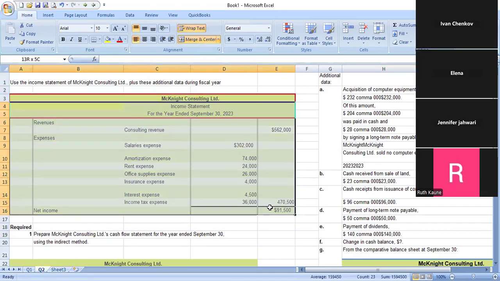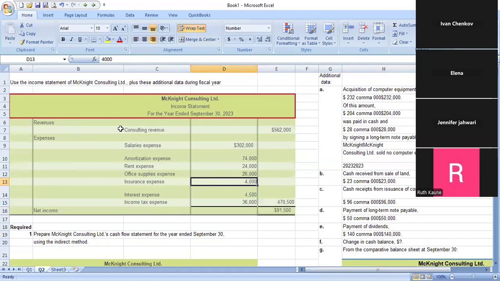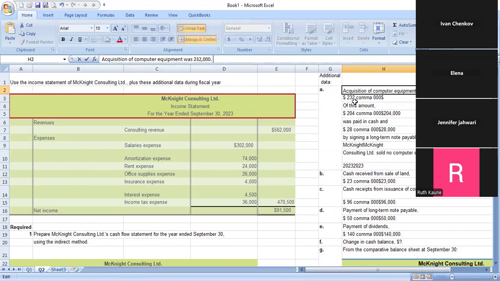Information is going to be given on different screens. Get the income statement, see what's on the income statement. Then check the additional information. As you can see, we have a lot of additional information here. I haven't been able to format everything the proper way, but it's going to be like this, and this one is going to disappear.